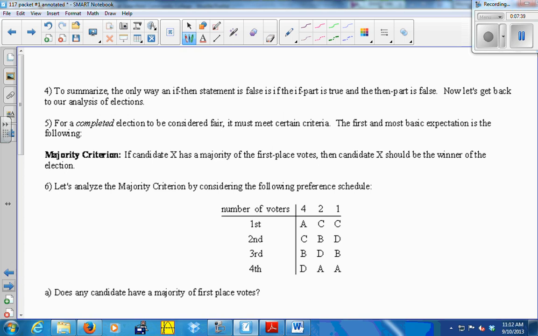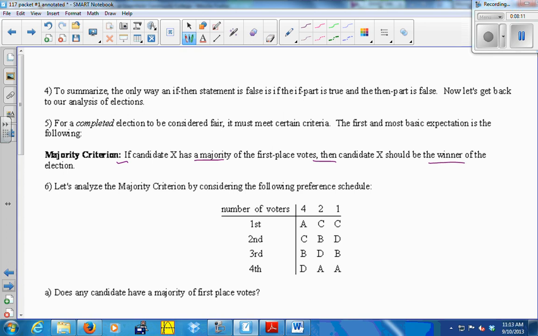It says that if a candidate gets a majority of the votes, they should win the election. So if someone has a majority of the votes, then they should win the election, right? We have an if-then statement, just like my rule with running. So if a candidate has a majority, if majority, then they should be the winner, right?